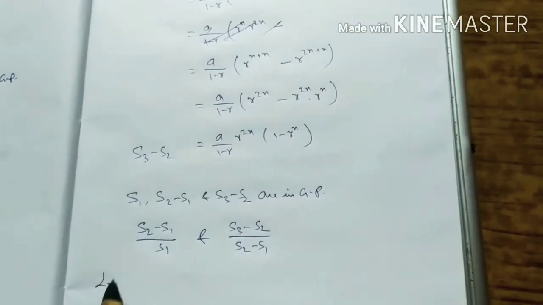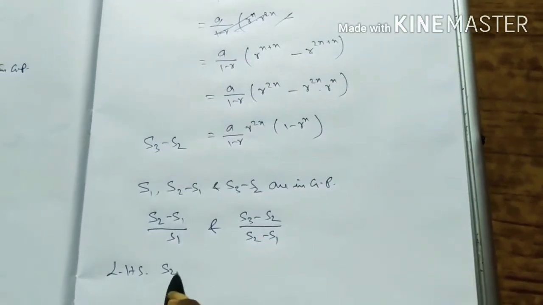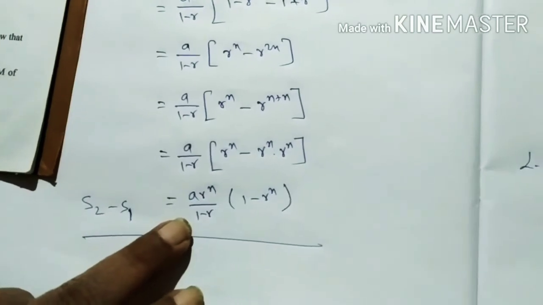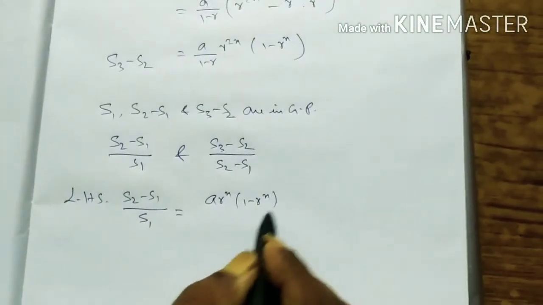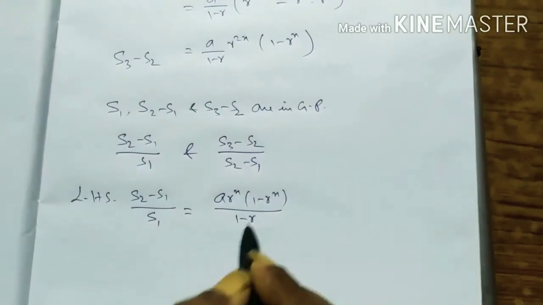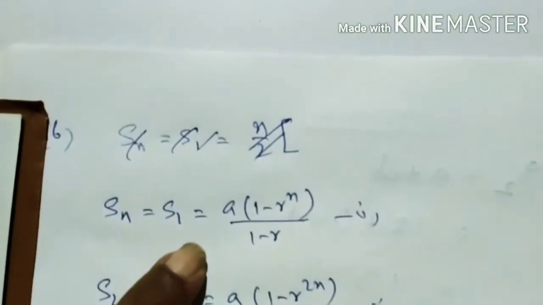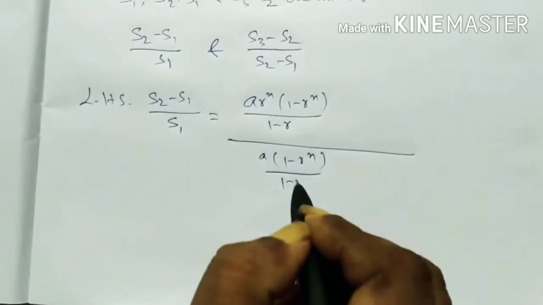So the left hand side is S2 minus S1 by S1. S2 minus S1, I have already done for you: A r to the power of n, 1 minus r to the power of n by 1 minus r, divided by S1. S1 is A(1 minus r to the power of n) by 1 minus r.